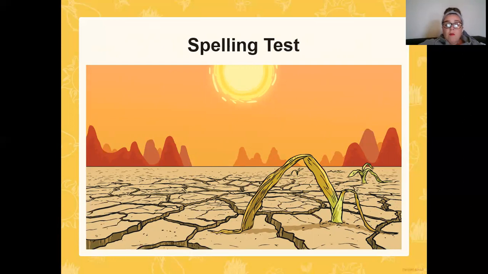Next word is bought. Deirdre bought the lights she'd wanted for years. Bought. Next word is wrought. The wrought iron gates creaked in the wind. Wrought.